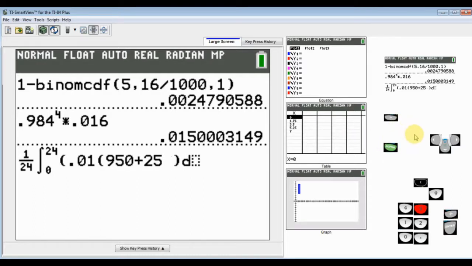Where's the X button? 25x minus x squared. I don't know where the square is. Is it here? Oh goodness. What happened?